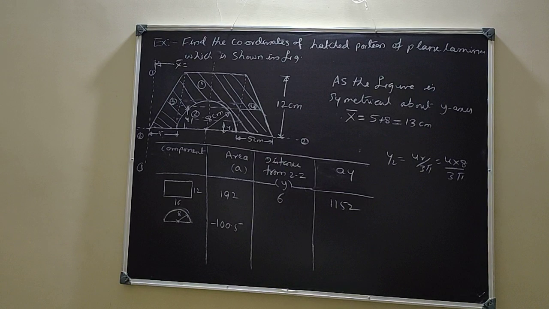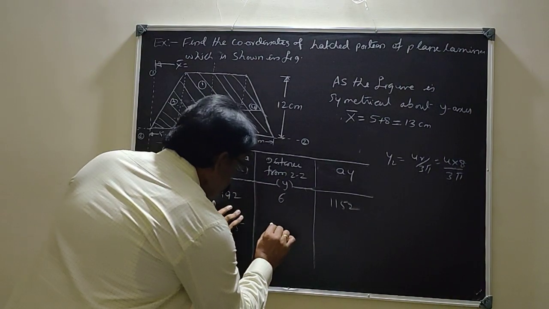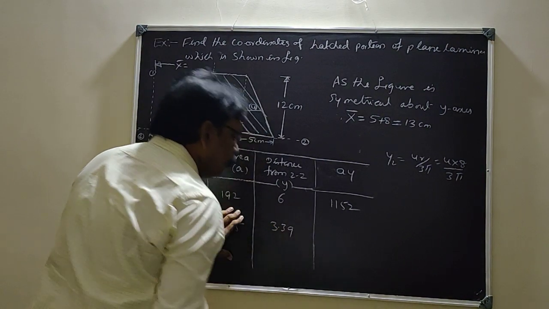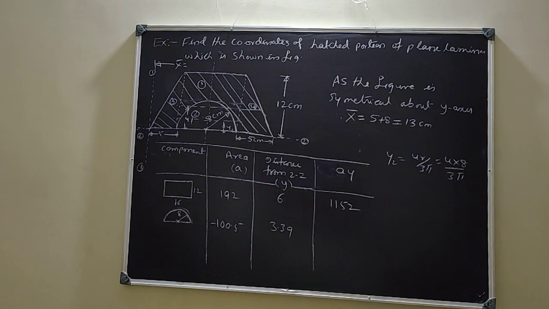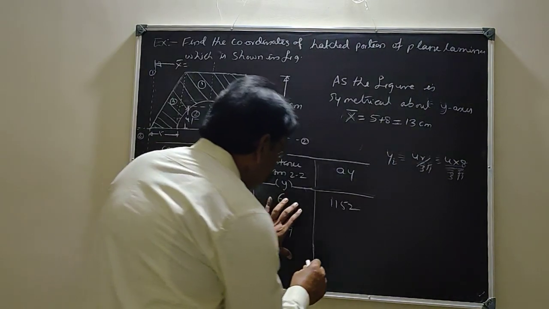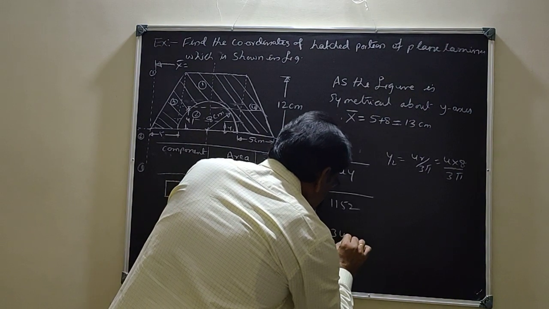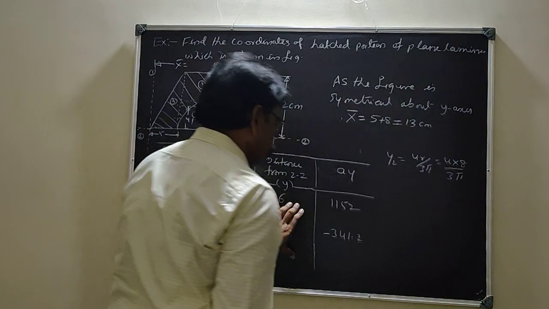So that will be equal to 3.39 centimeter. Now the product of that will be 341.2, that is negative.